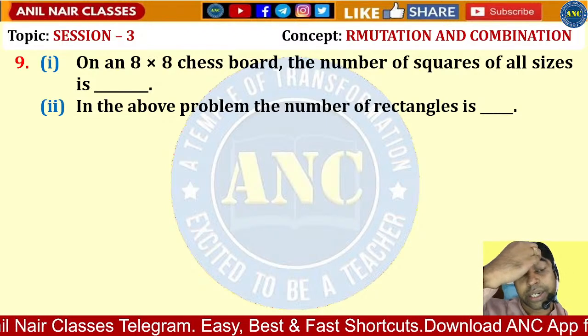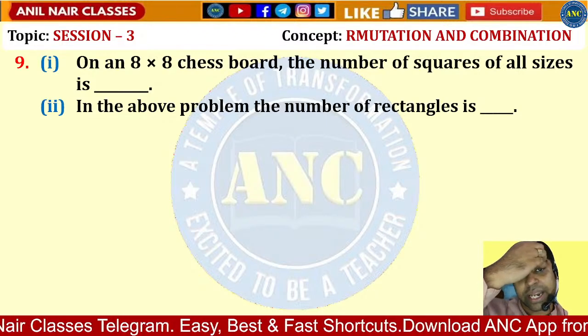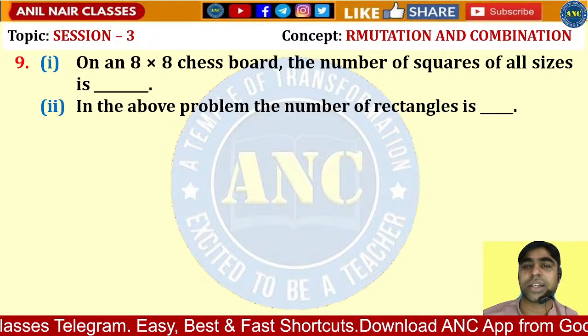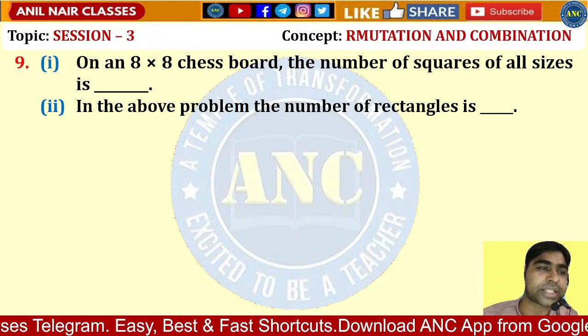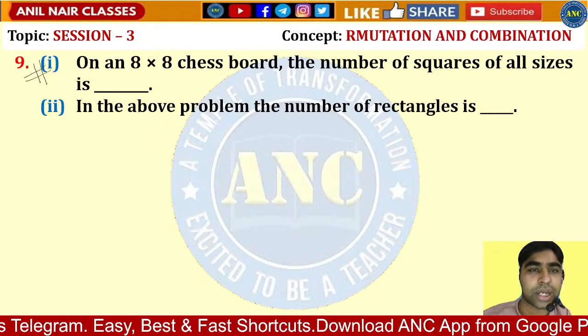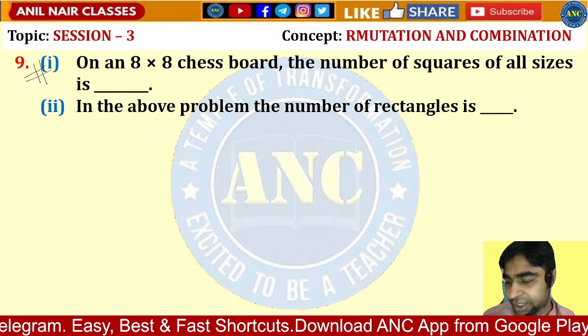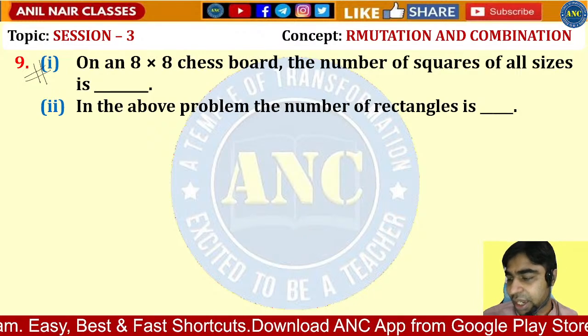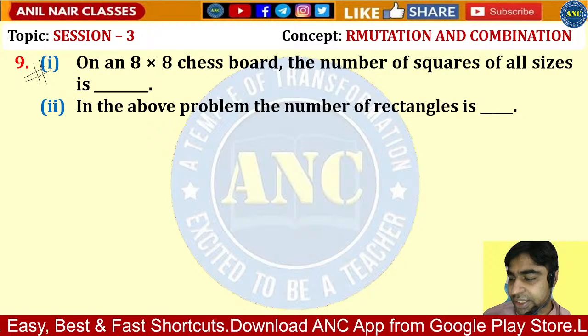Now, next question. On an 8x8 chessboard, the number of squares of all sizes is. I have already discussed this question, so I'll not again spend the same amount of time here. I expect you to watch the first session that I discussed with you, and from there you can understand the concept.